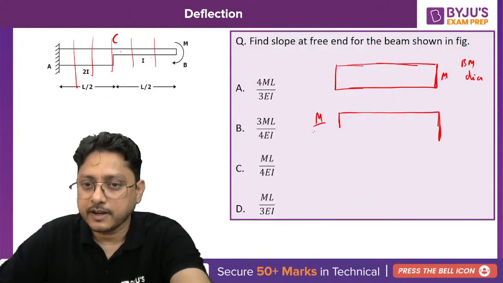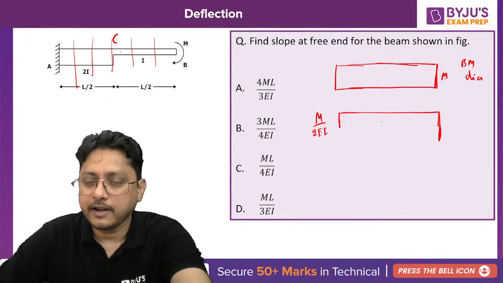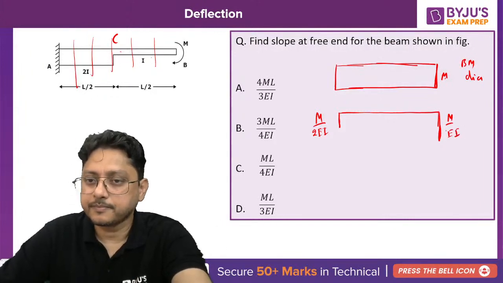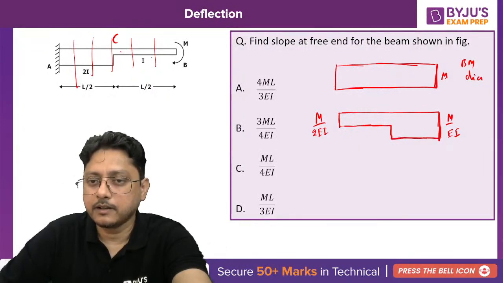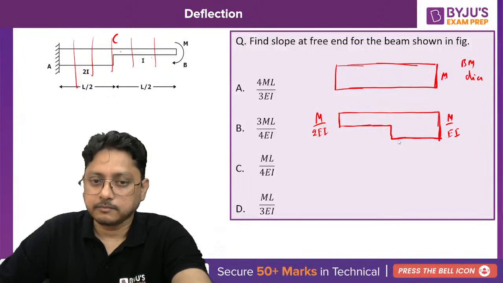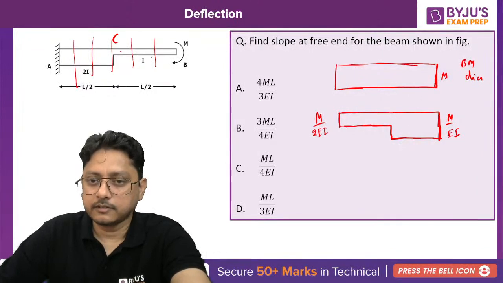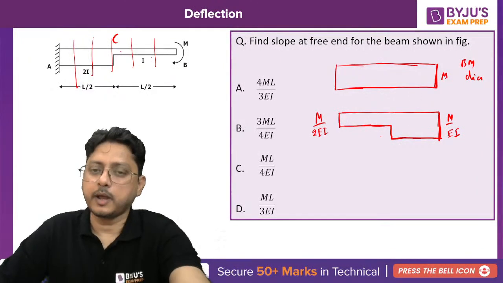Are you able to understand that? It will be M by 2EI, and on the other side M by EI only. This will be your M by EI diagram.